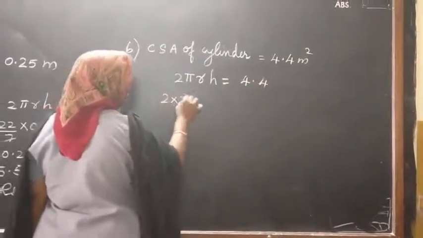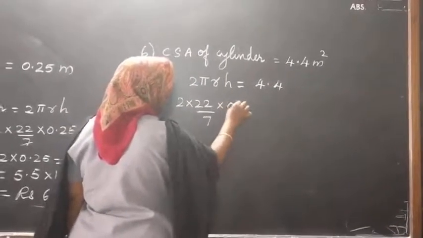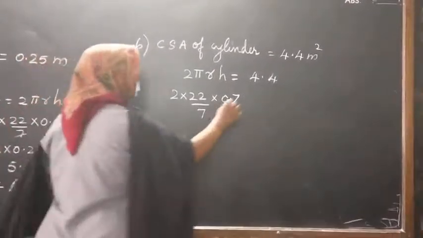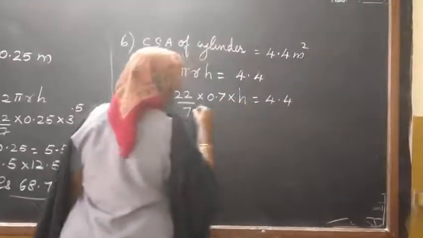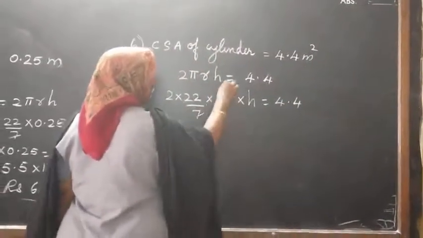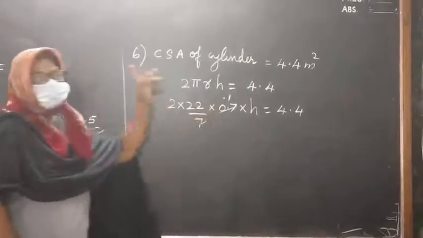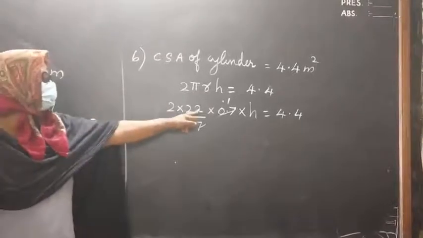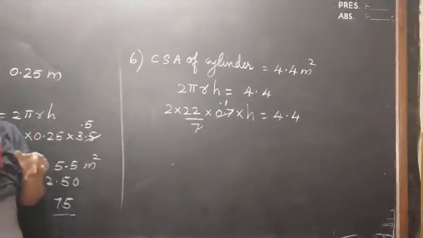Now 2 into 22 by 7, then the R value which is given, 0.7, into H is equal to 4.4. Now this one you can cancel, you will get 0.1. So 0.1 into 2, 0.2, into 22, that is 4.4 you are getting.